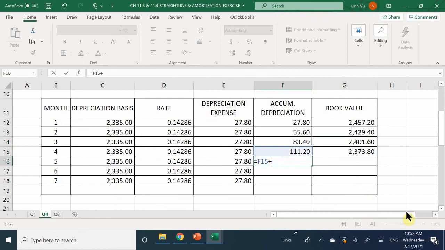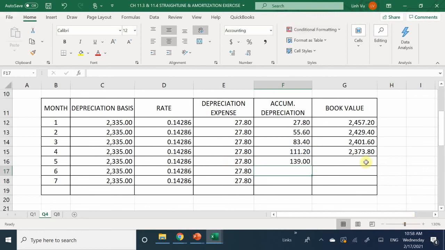What is the accumulated depreciation for year 5? 139 even, bringing my book value to be 2346.20. Okay, 2 more guys.